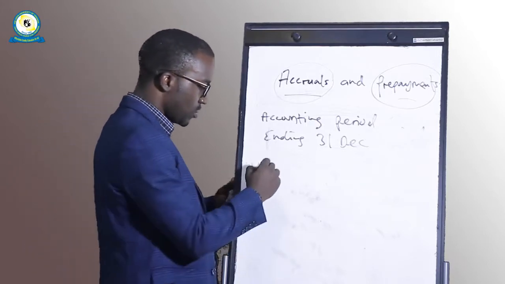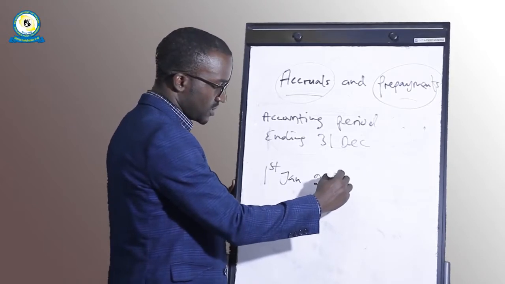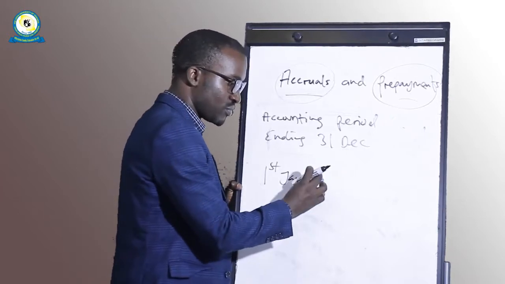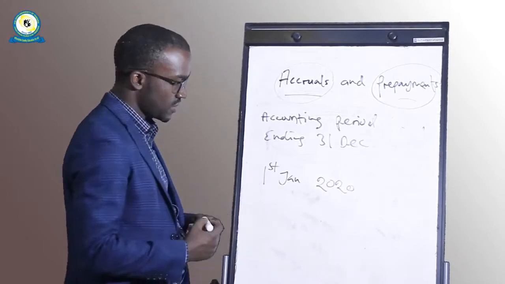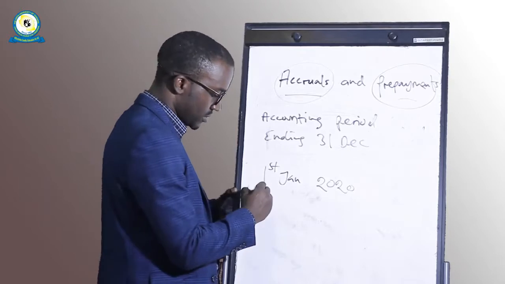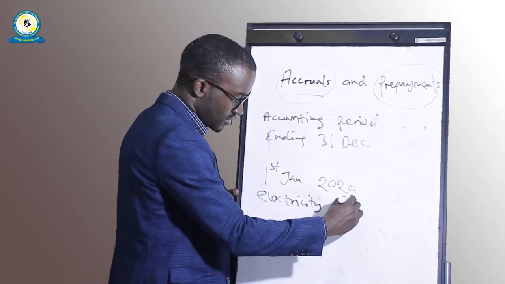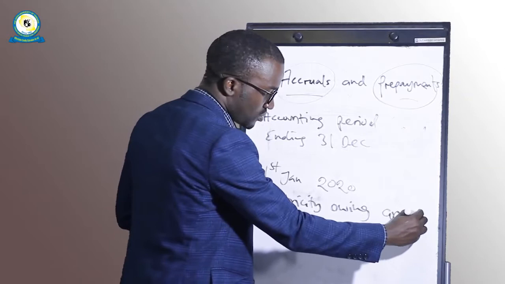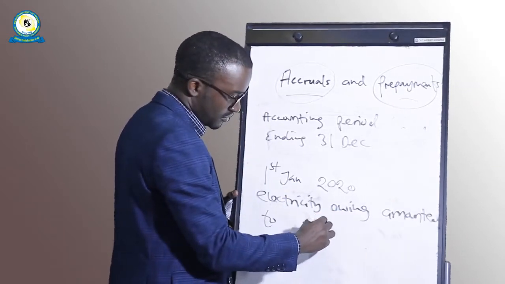We're going to use small figures for the purpose of learning. Now let us assume on 1st January, should we use 2016 or current year? Let us use current year because now we are in 2020. 1st January 2020, we have an electricity owing amounted to let's say 400.